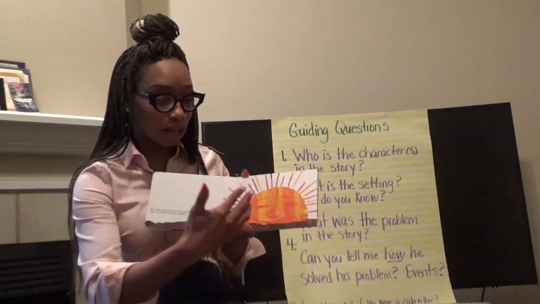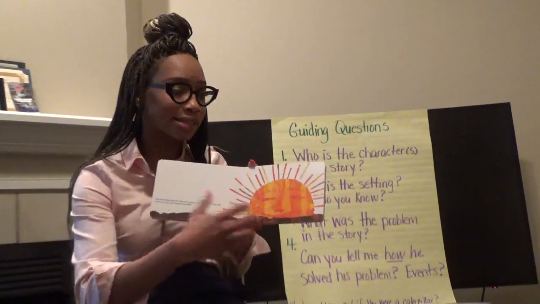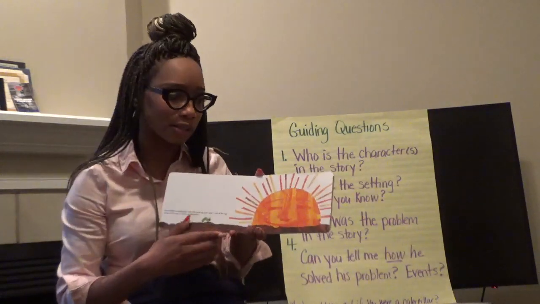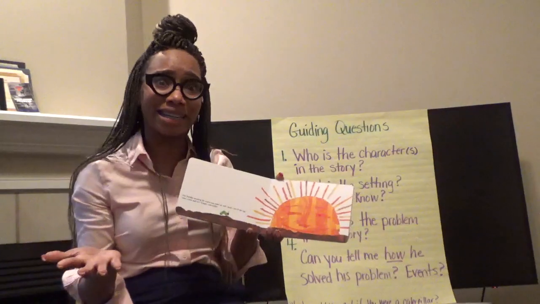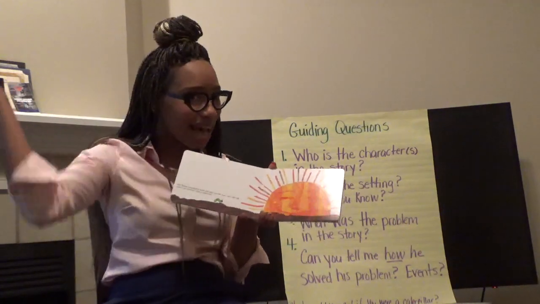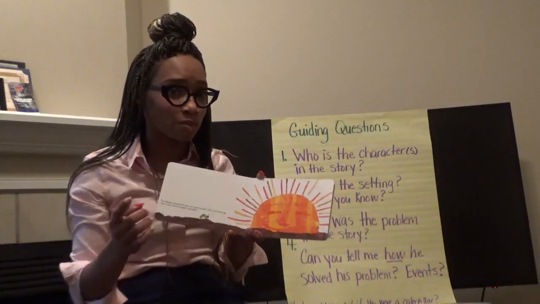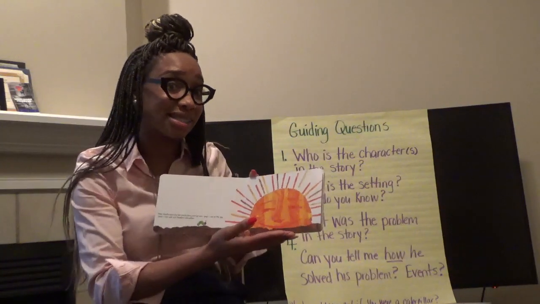All right? If you notice here in the book, sometimes we can use context clues to help us answer questions like this. I notice that there is a sun. Well, do we see the sun inside the house? Or do we have to go outside the house to see the sun? You're right. We have to go outside the house in order to see sunlight.